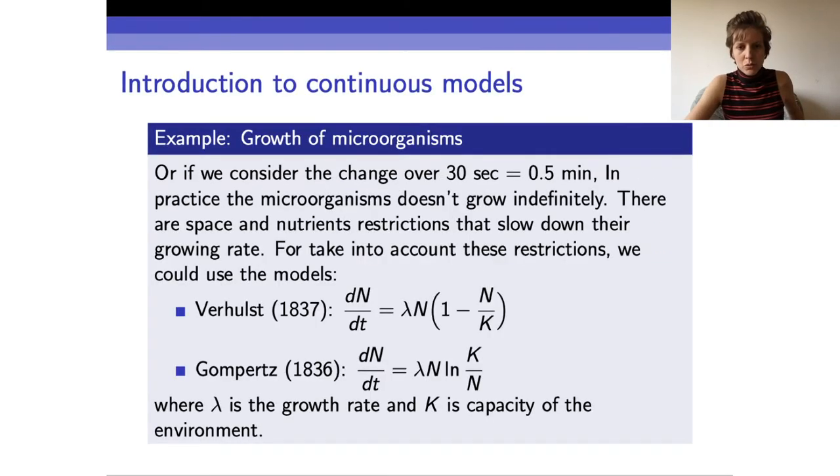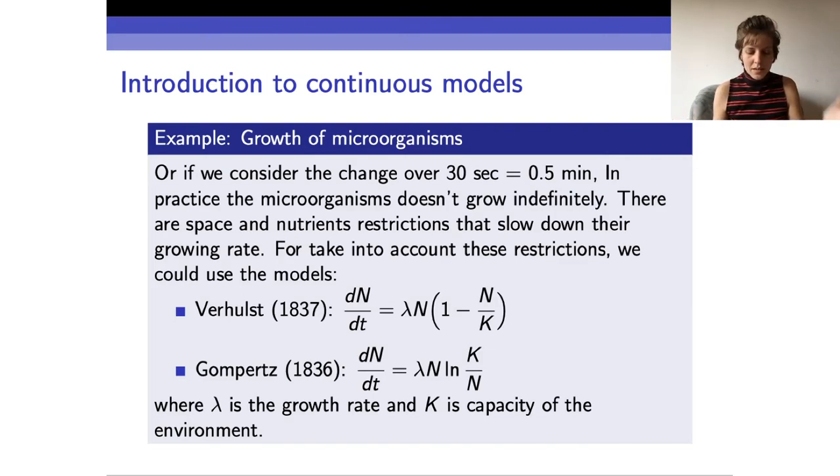And if we want to include in this model something realistic, so that at some point the microorganisms, if you don't put nutrients and you don't add space, will grow, and then they will just repopulate all that space, and they won't have enough nutrients.